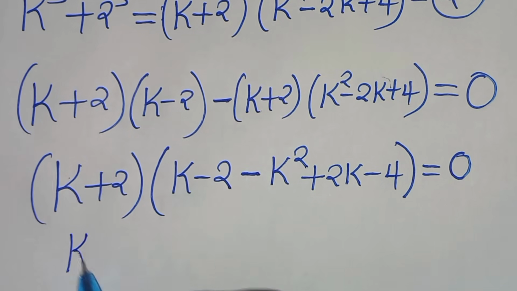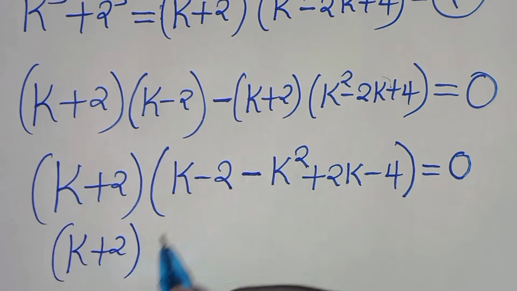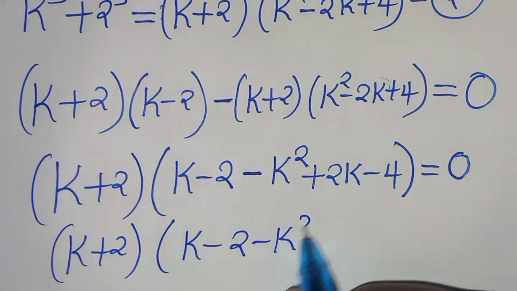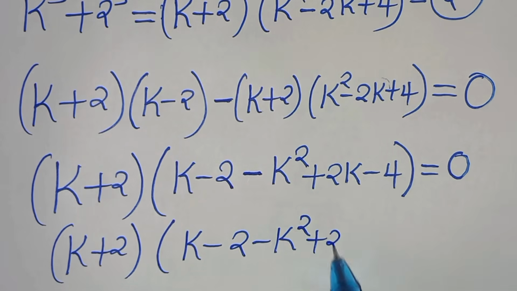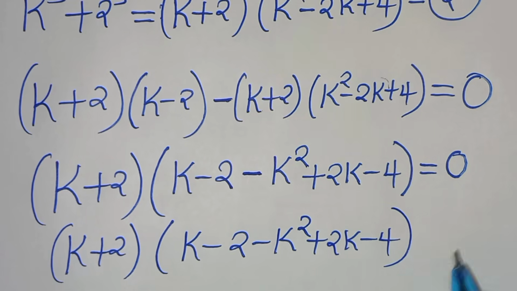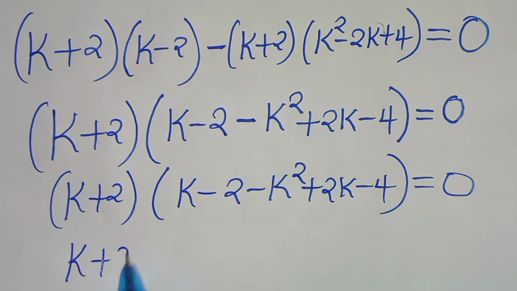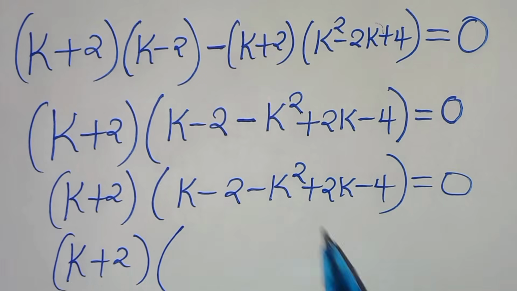So this is k plus 2. Here we have k minus 2 minus k squared plus 2k minus 4. This is equal to 0. Now, this is k plus 2. Let's rearrange this equation here.